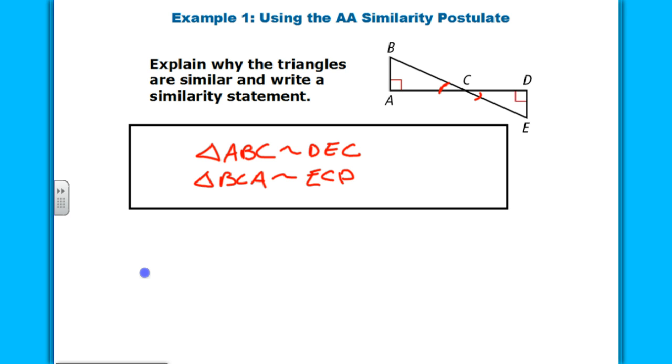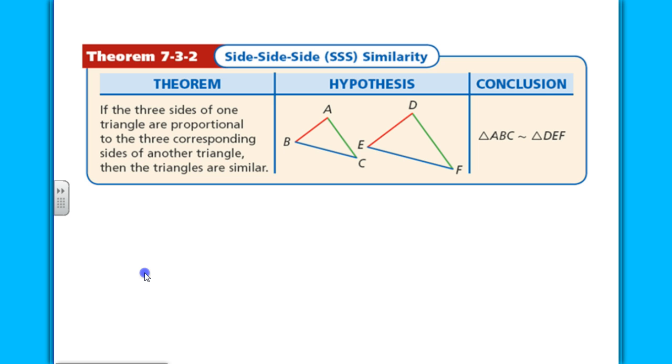Or the picture? Good for you. It's easy to use the statement that we know is true to make another statement. We could even go just straight backwards, right? CBA, CED, and there are many ways we could write this similarity statement, so long as you have corresponding angles in correct arrangement, okay?